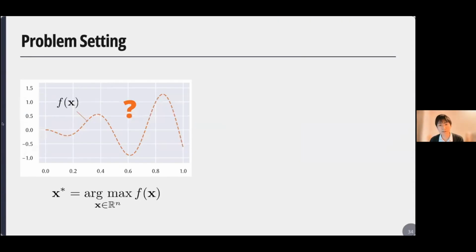Suppose that we have an objective function f, which looks like this slide, but we don't know its analytic formulation explicitly. So what we can do is to provide some x and then observe the function value f(x). The goal is to find the maximizer of this unknown function by solving this maximization problem.